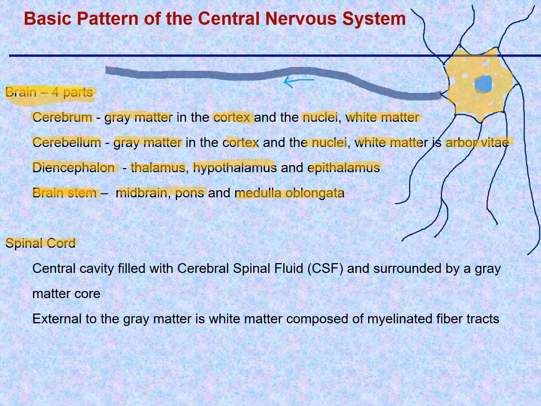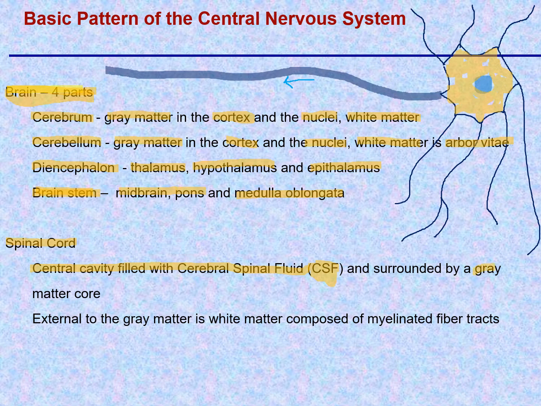The spinal cord, the other part of the central nervous system, is a structure that runs down the spinal column. In the middle of it, there is a central cavity that's filled with cerebral spinal fluid, or CSF. And that fluid-filled central cavity is surrounded by a gray matter core.